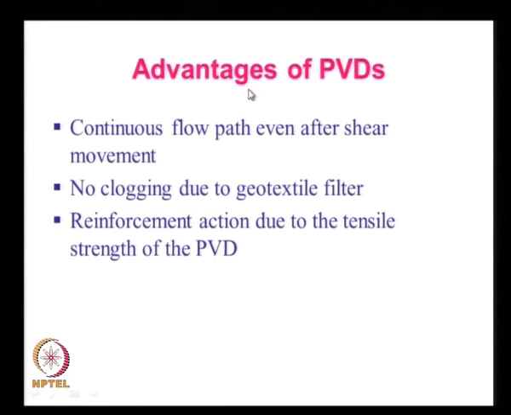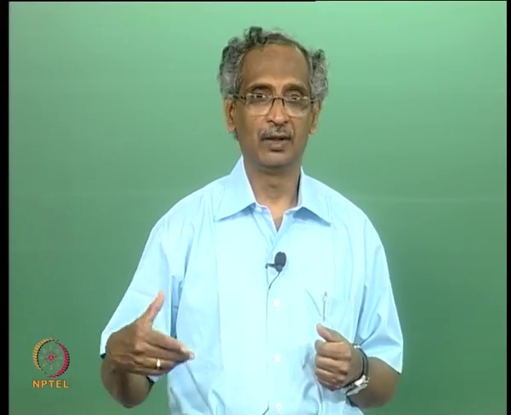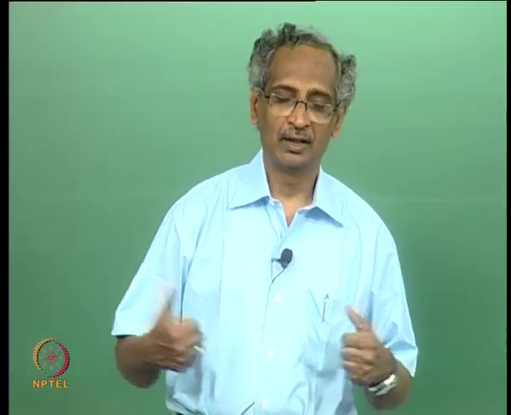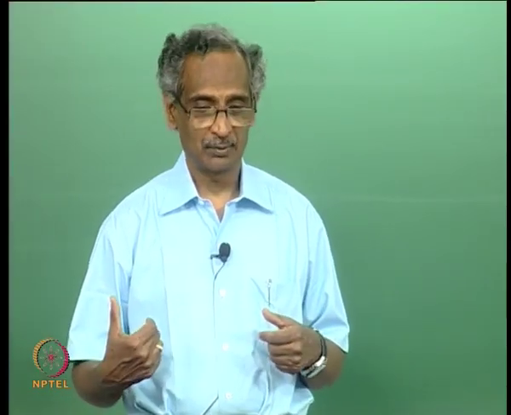And some of the advantages that are claimed for prefabricated vertical drains are like this. The continuous flow path is ensured even after shear deformations, because these PVDs are highly flexible. They can be bent or they can be twisted without rupturing, because both the core and the cover, that is the filter, are highly flexible, and they can be strained up to about 20% without rupturing.